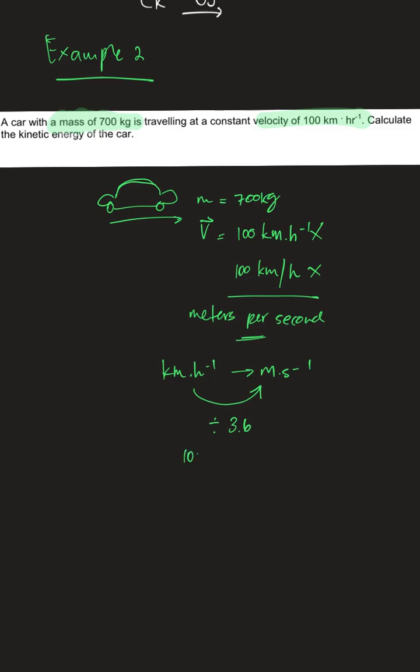So I'm going to say 100 divided by 3.6, and I'm going to get 27.777778 meters per second. So the value that I'm going to use for velocity is that value. You're not allowed to use kilometers per hour. You must do a conversion.